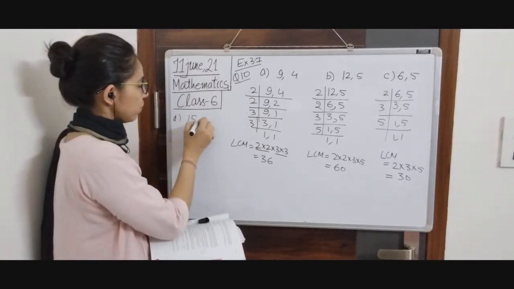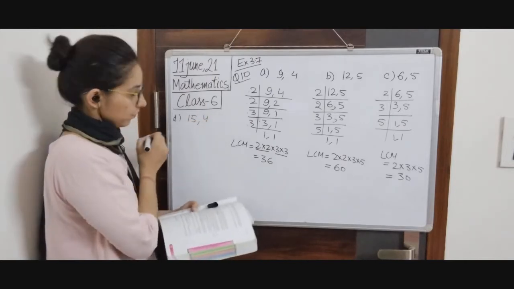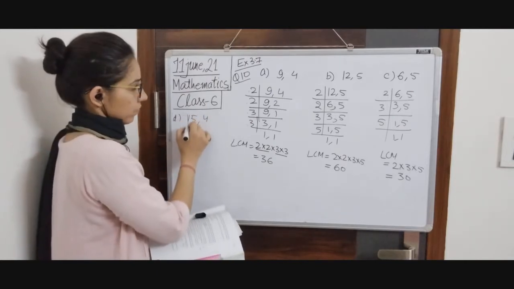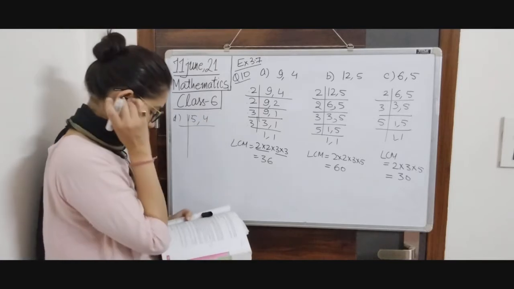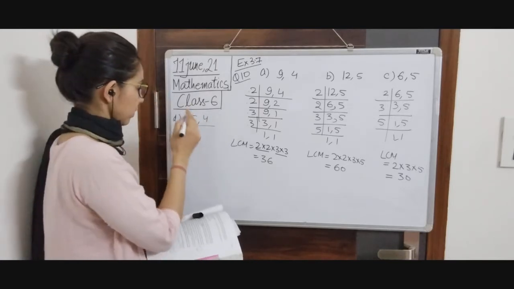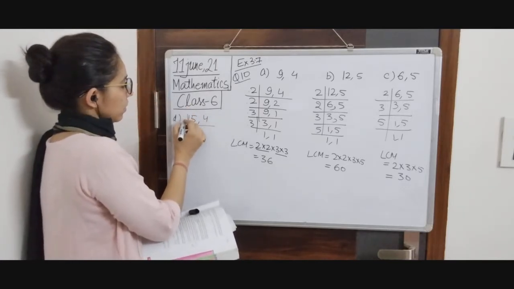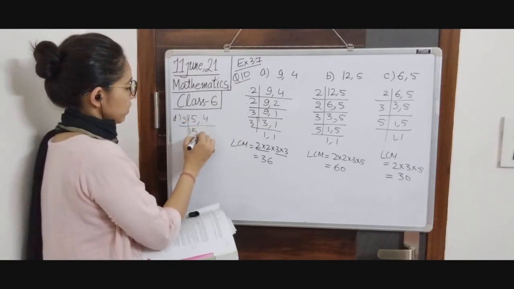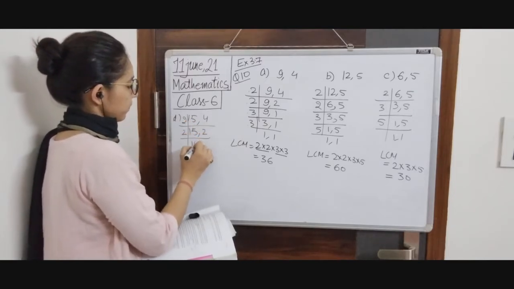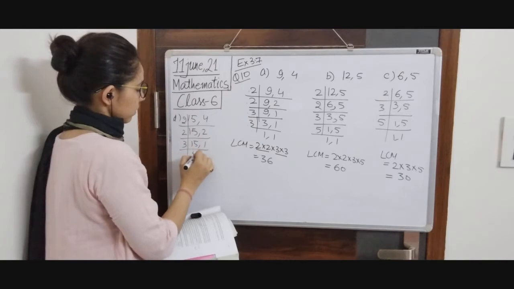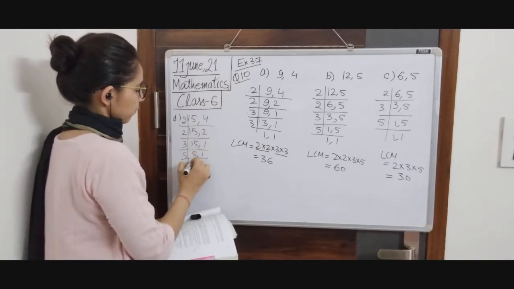For D part, it is 15 and 4. It is 2, 15, 2 2s are 4, 1, 3 5s are 5.